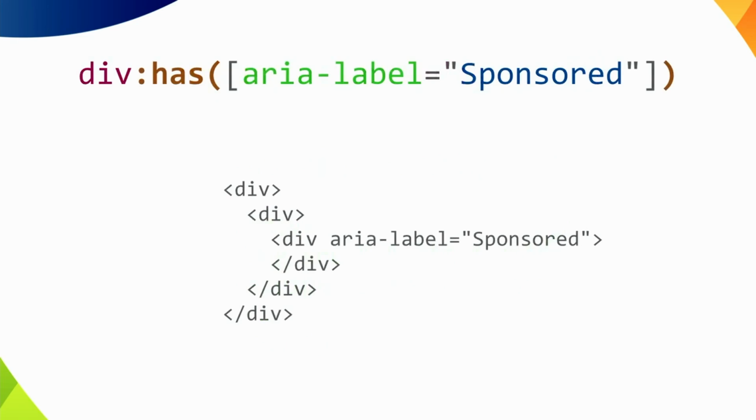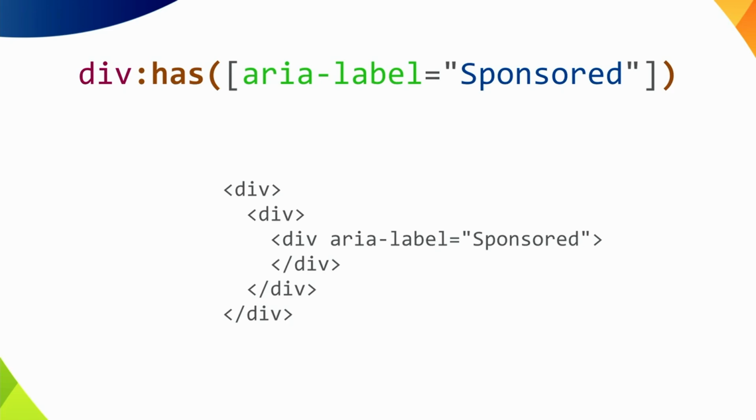Because consider this markup with a selector. This selector will match any div element that has a descendant element whose aria-label attribute value is sponsored, right? So, Tolu was talking about aria labels yesterday. We've heard about that sort of thing, and you might say, okay, if there's an element that has the aria-label attribute and that attribute's value is sponsored, I want to select a div that is an ancestor of that, effectively.